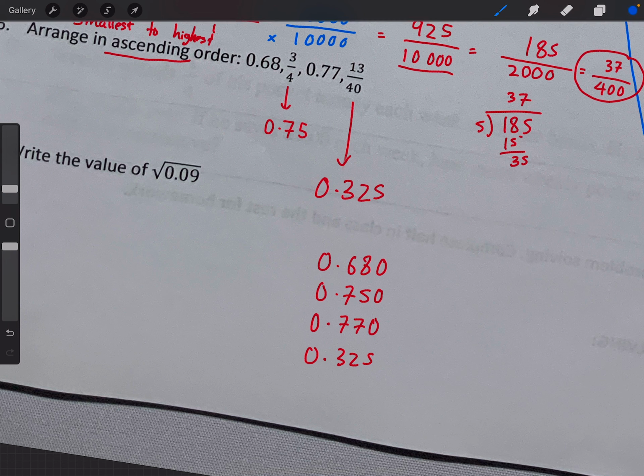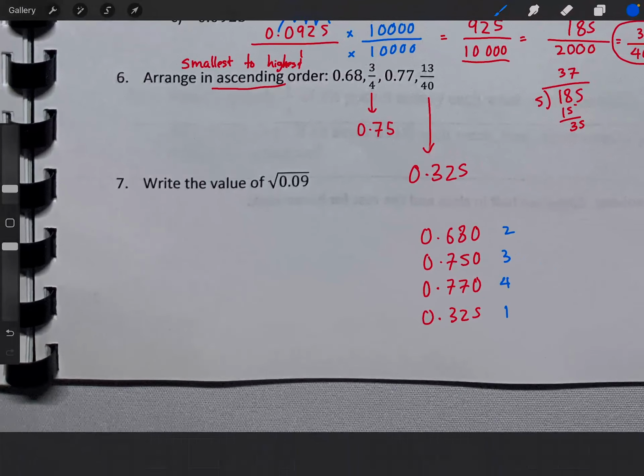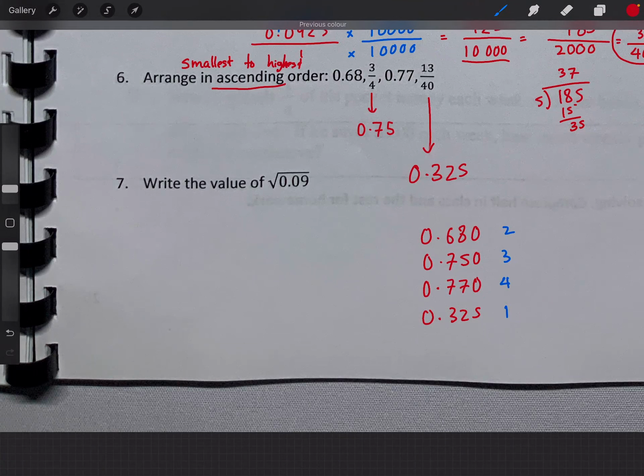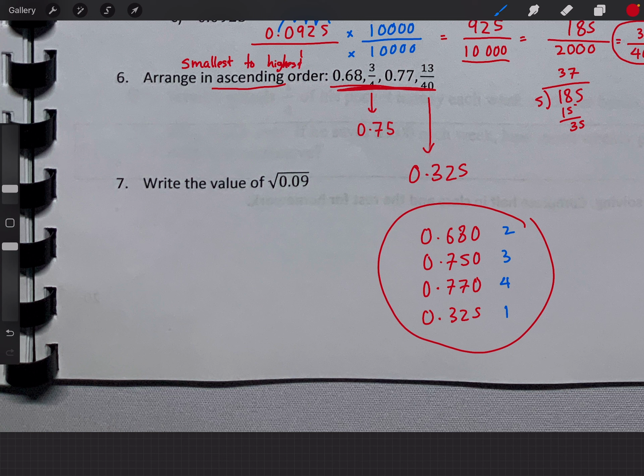So the smallest one would be this one. This would be number 1. Then the second would be this one, number 2, and then the third, and then the fourth. So when we write the answer, we have to write it the way they give us. We don't write it as this one. Watch. The first answer is 13 on 40.